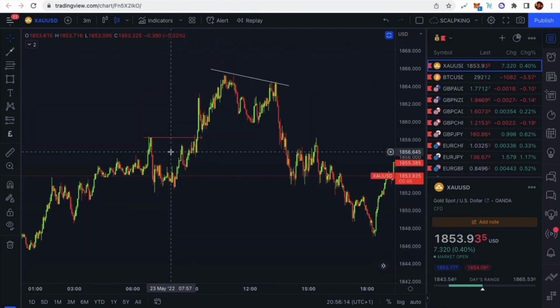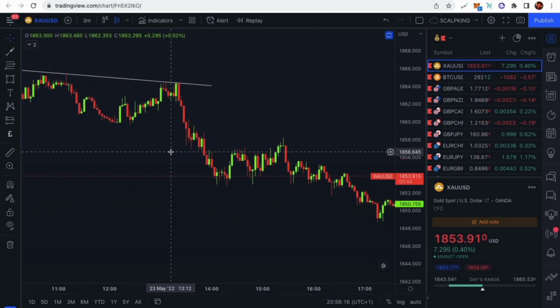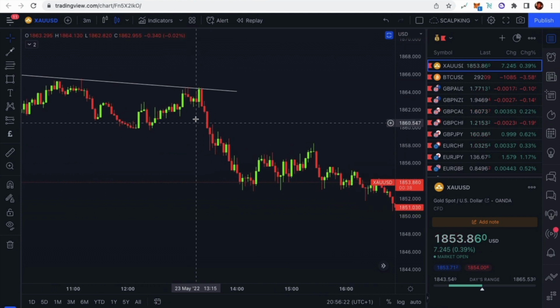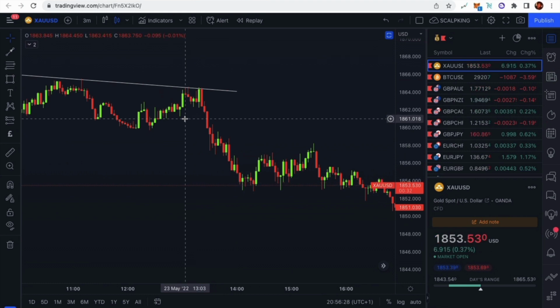Now I caught a move here. As soon as I saw this type of divergence that was going on, and you can see 115, we're coming into the New York opening, so I know there's going to be a lot of momentum at this time.